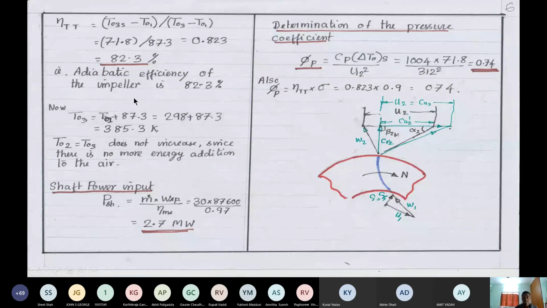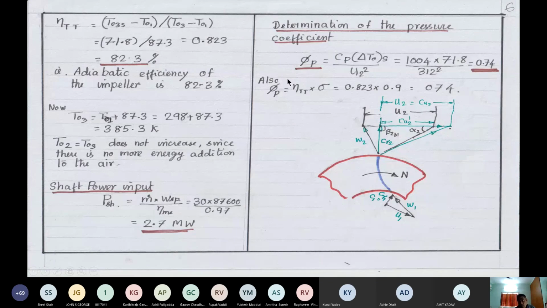Then the last one is the pressure coefficient. Usually pressure coefficient values are assumed. That's a design parameter. In practice, people will know for a particular compressor we can use a psi value of so much. Here we are calculating it academically. Pressure coefficient is equal to Cp into delta T0S divided by U2 square.